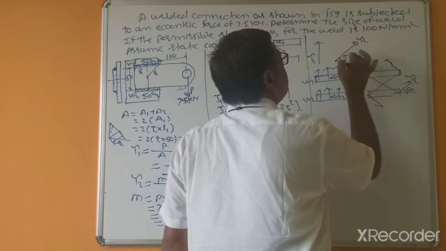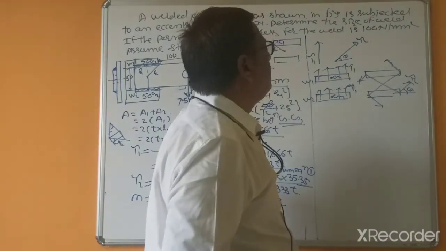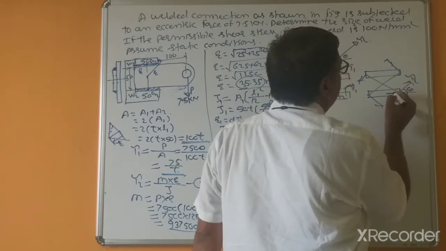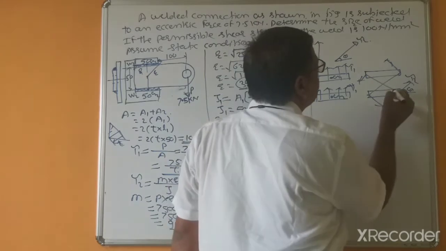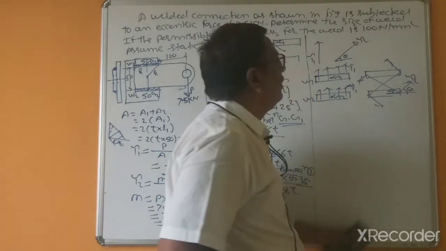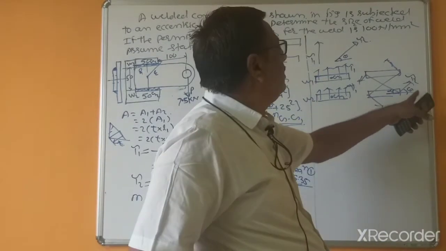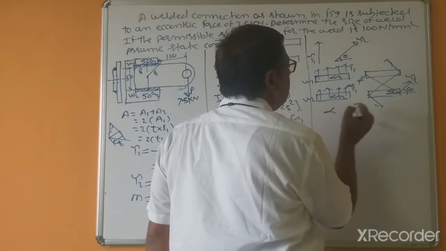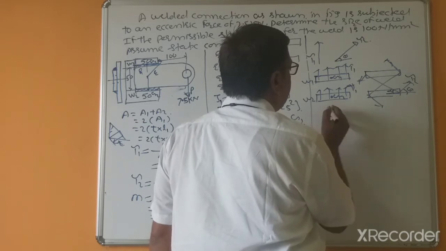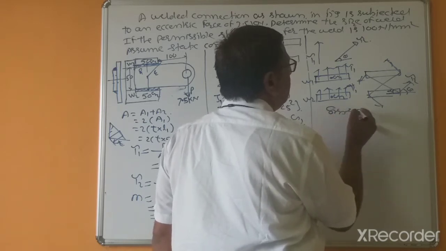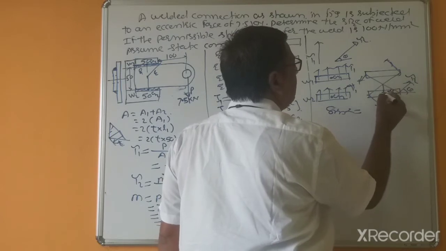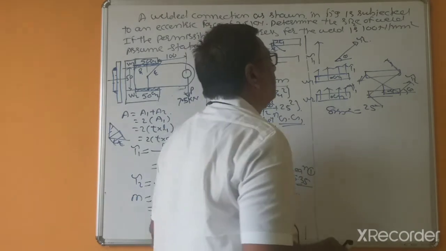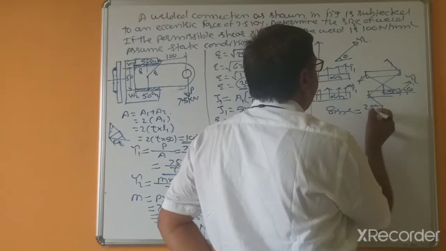I write this angle as theta. How can you calculate it? Suppose this is alpha and this is 90 minus theta. That's why sin alpha equals the front side, 25, over the hypotenuse.